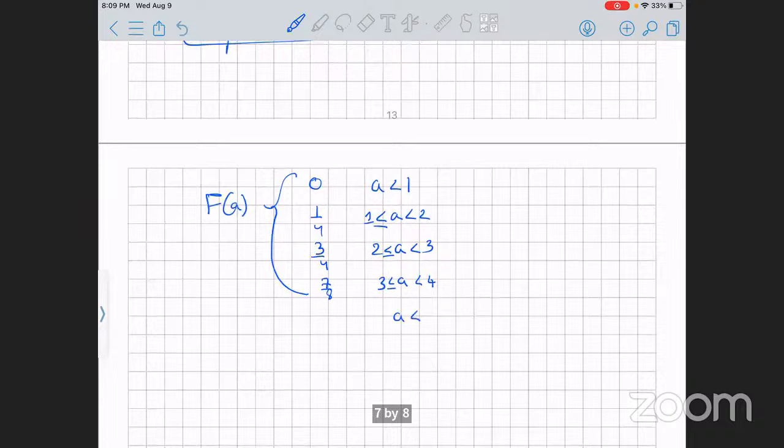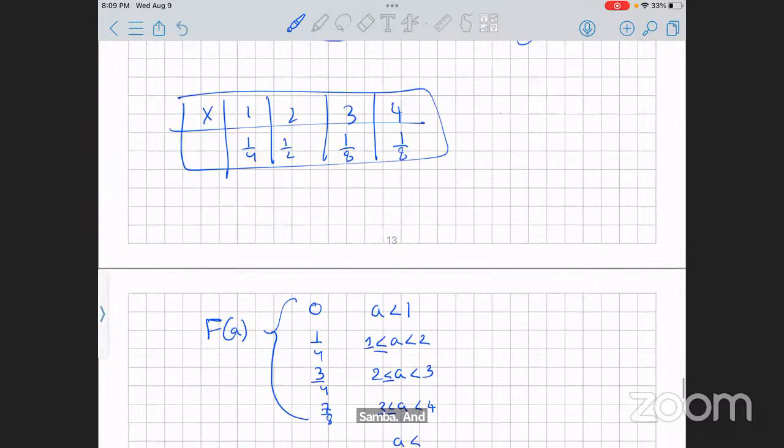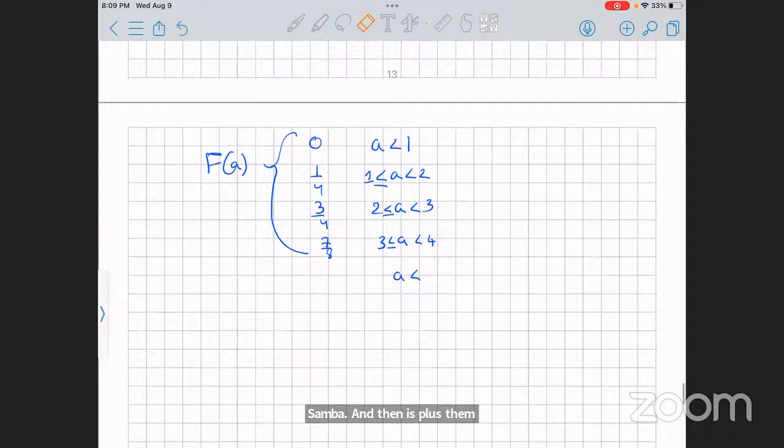And then, look, after 4, 4 is the last value. So A greater than or equal to 4, what is the value? 1.